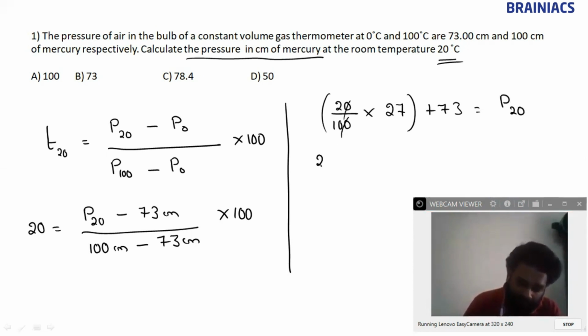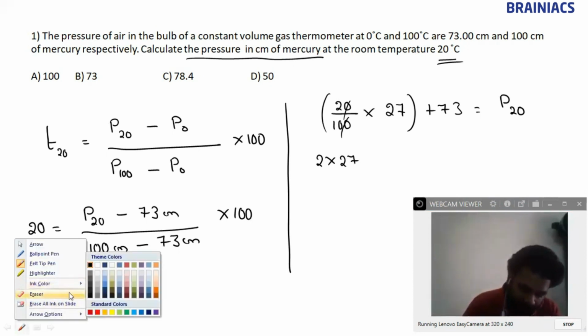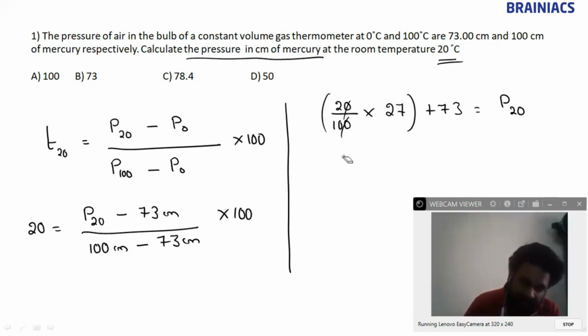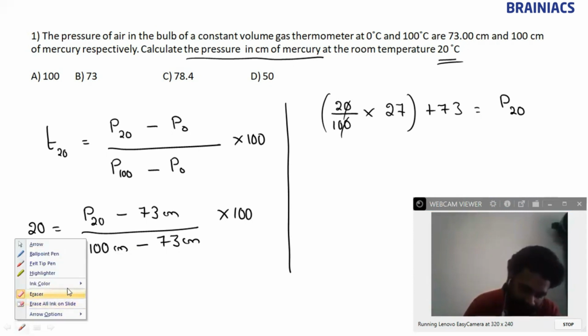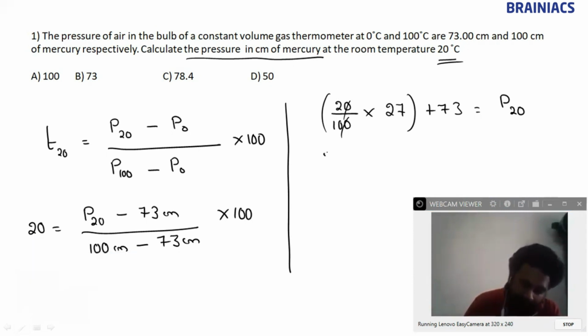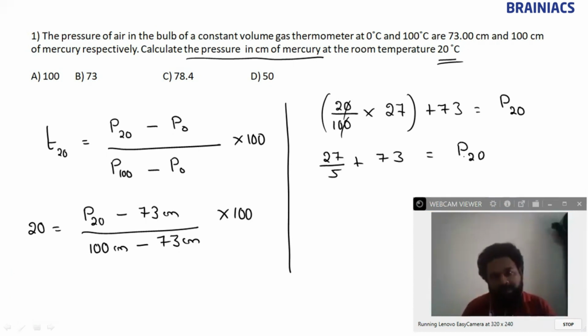So this will be cancelled off. 2 into 27, so this will become 1 by 5. Just simplify this and we'll be getting the answer. So 27 divided by 5 plus 73 is equal to the pressure at 20 degrees Celsius. 27 by 5 will be 5 point something.